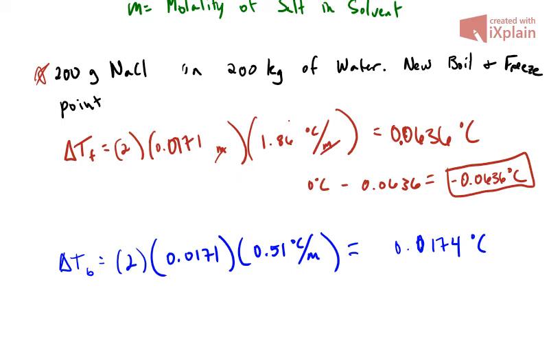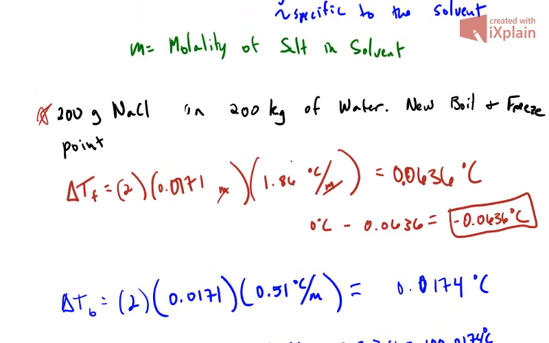Now it is a boiling point elevation, so that is added to the boiling point of water, which is originally 100 degrees Celsius. So plus 0.0174, and so that is 100.0174 degrees Celsius. Okay, with sig figs, it doesn't really change a whole lot, but it is a new boiling point.